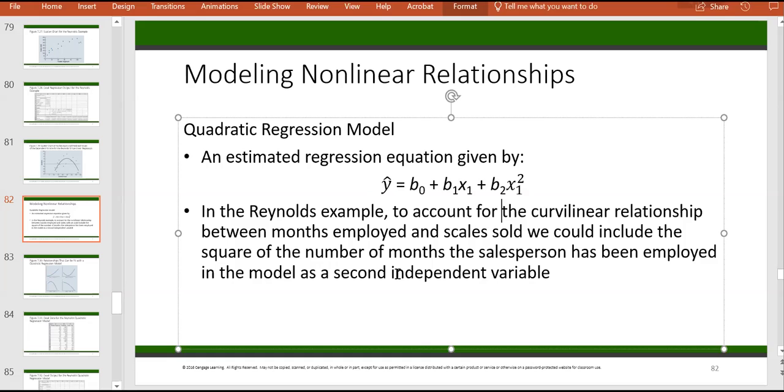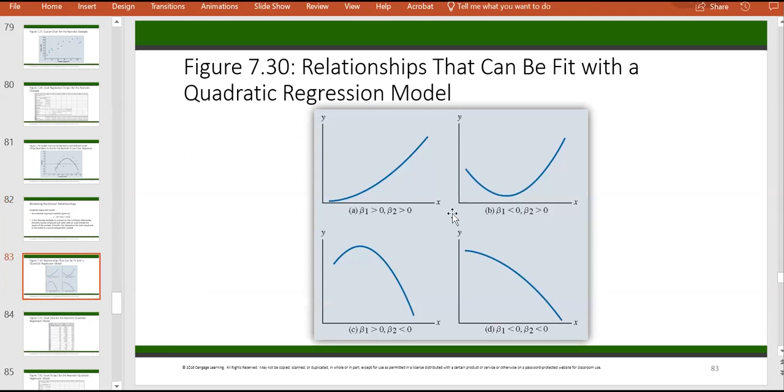So yes, and then more important than this one is this graph. When the coefficient for x squared is positive, it means that we have a relationship like this.